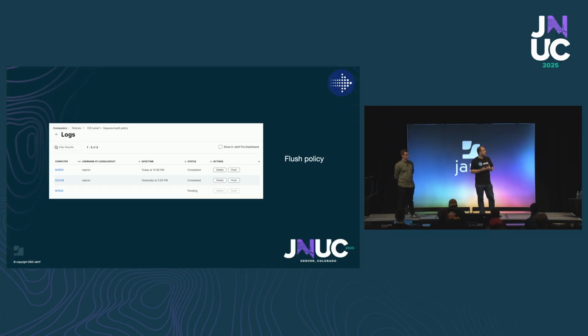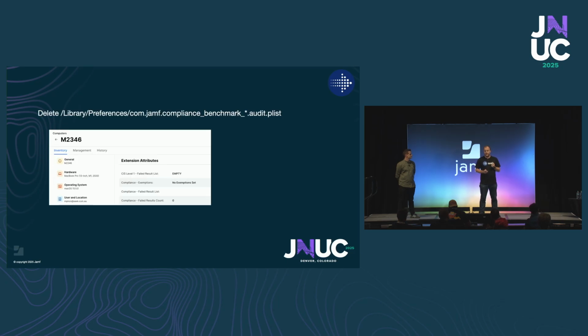But even when I flush it, those extension attributes, it still didn't feel quite right. Those rules were still reporting as failed. And that's because when you completely remove or exclude a rule from your benchmark, the audit policy will stop updating that rule with a fail or pass status.